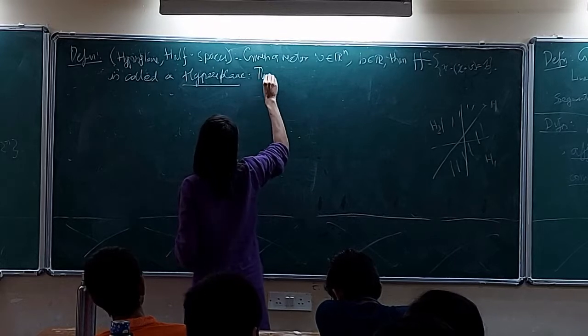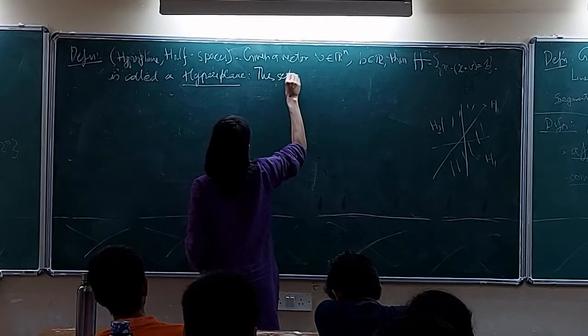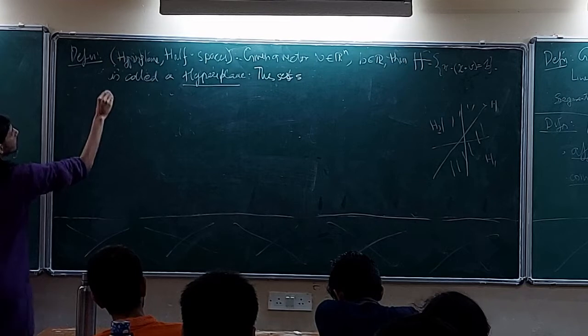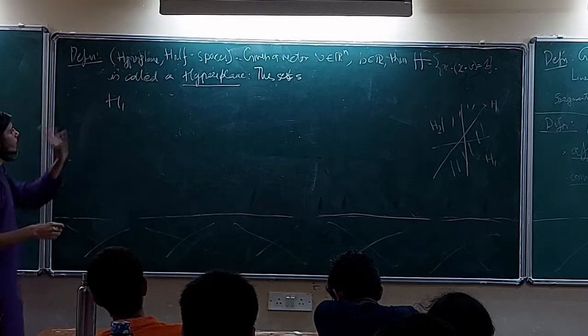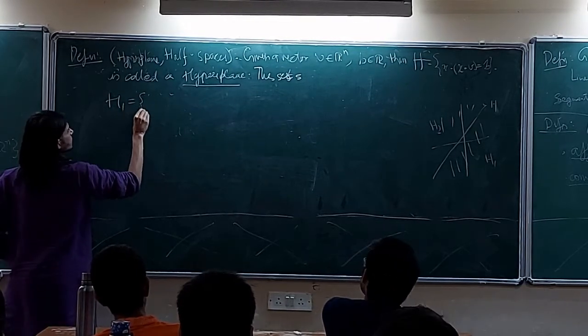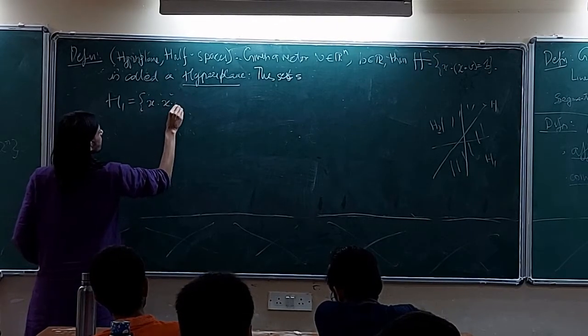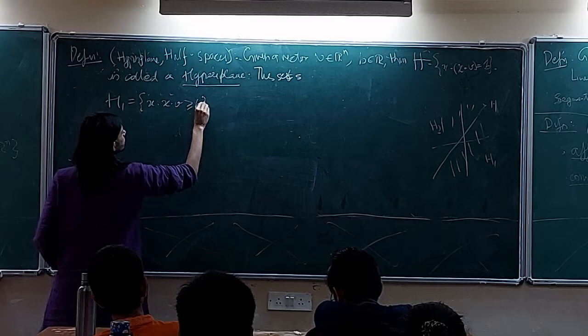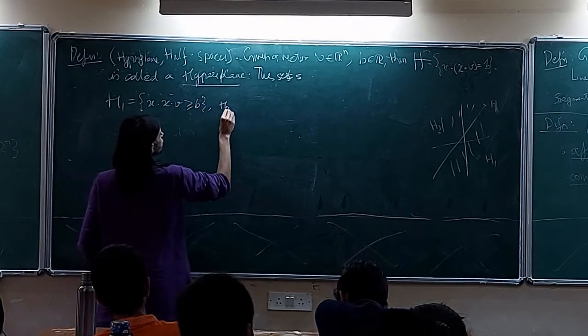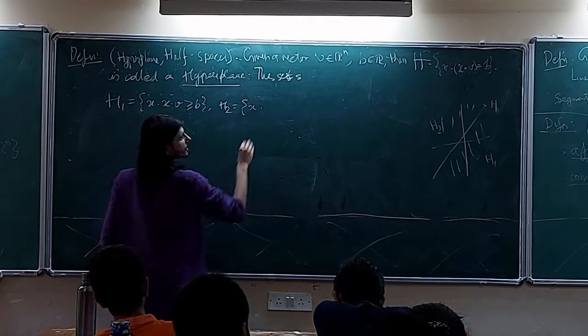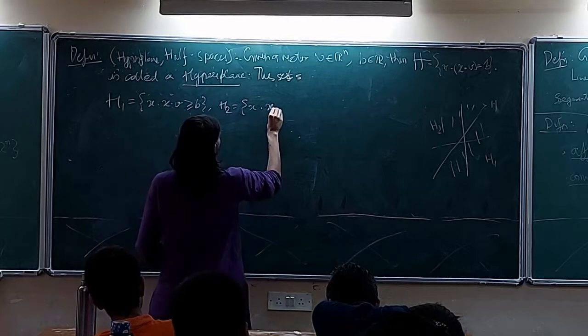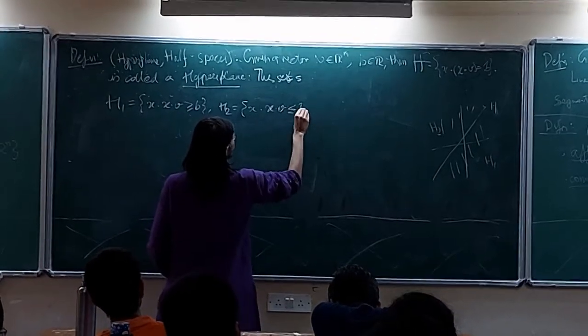So the sets given by H1, H2, no difference, 1 and 2 don't make a difference. You can just take the same. H1 will be given by all x such that x dot v is greater than or equal to v. And you have H2, which is all x such that x dot v is less than or equal to v.